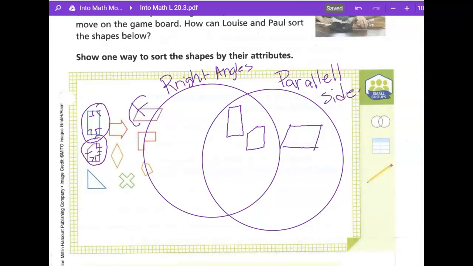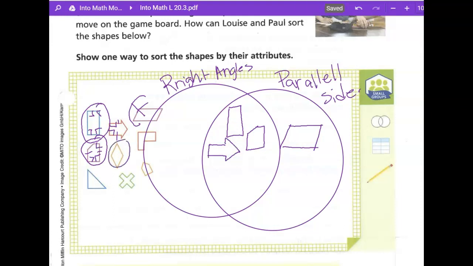Let's look at the arrow. Does it have some right angles? It has 2 right angles, and it has a set of parallel sides, so it's going to go, whoops, it's going to go in the middle also. Okay.